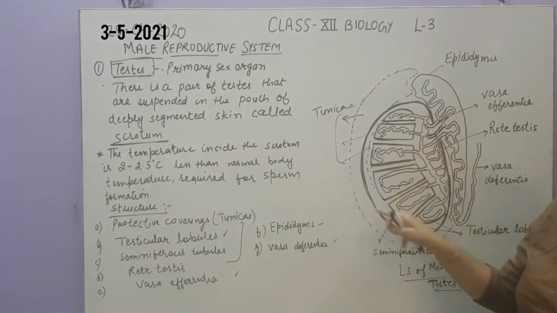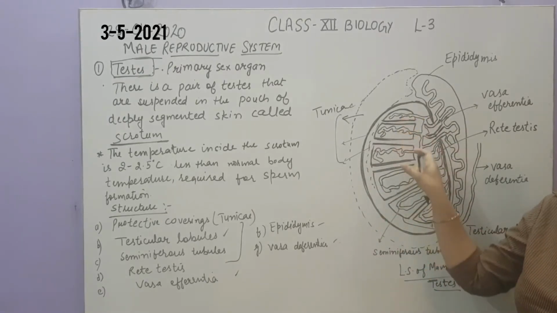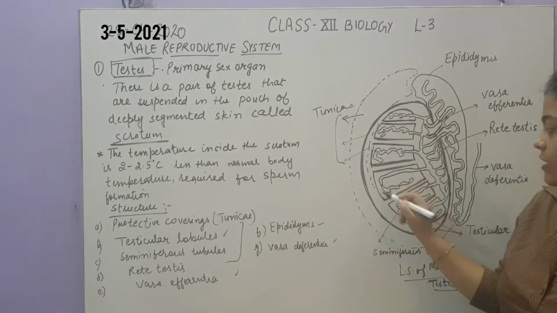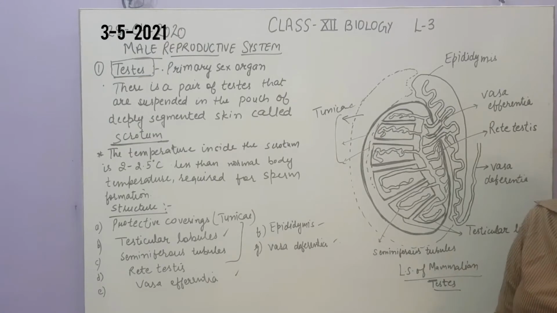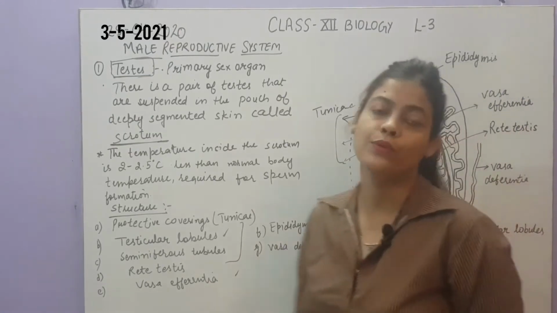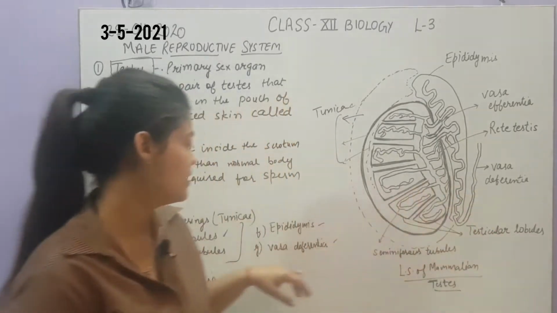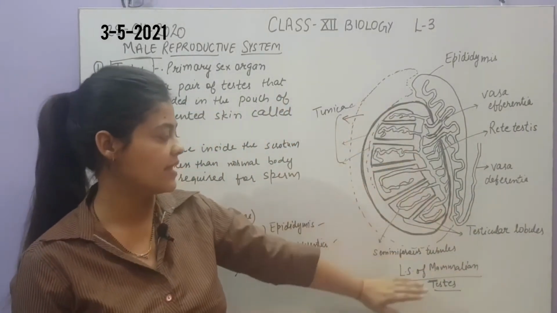Now if you see the inner structure of the testes, inside the testes there are small compartments. These compartments are called testicular lobules. Why are they present like this?